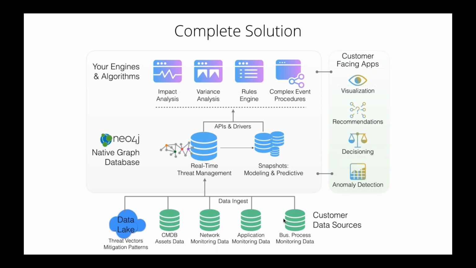And visualization is a key aspect of that analysis, being able to do decisioning based on these complex rules, and then anomaly detection as well. So it's a complete solution for these types of use cases. And it's basically integrating a bunch of data silos together through a graph to provide all of these services, if you will.